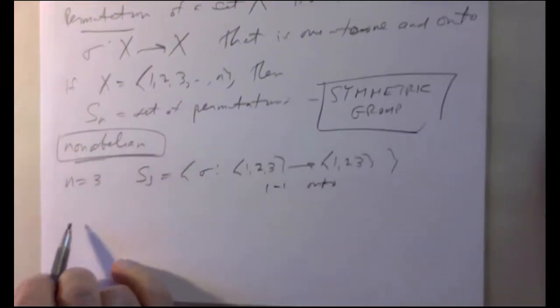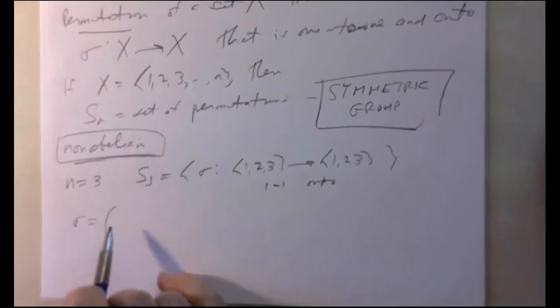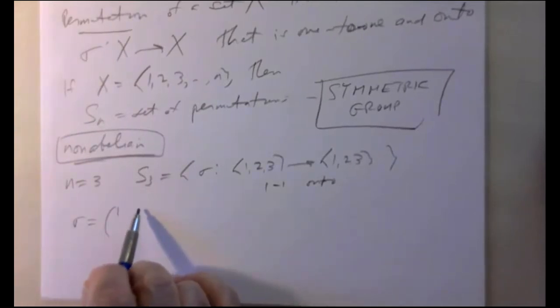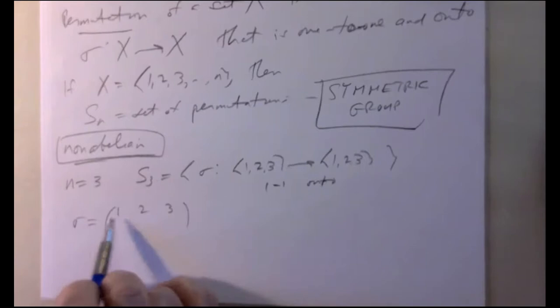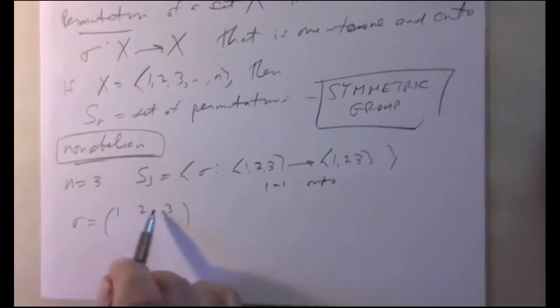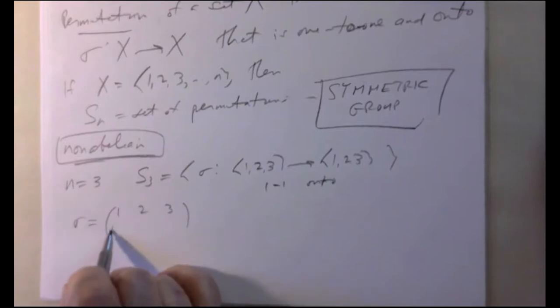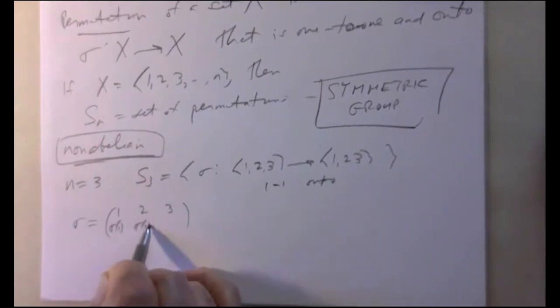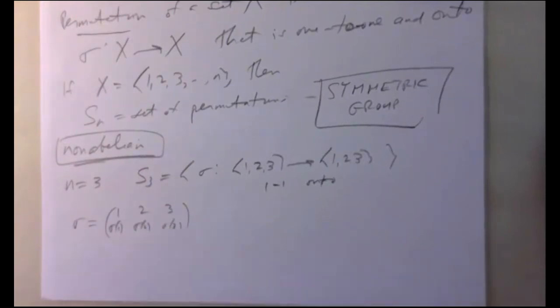And a standard way to write a permutation is as a 2-row matrix. I put 1, 2, 3 in the first row, and wherever 1, 2, 3 goes under sigma, sigma of 1, sigma of 2, sigma of 3. That's the standard way to write a permutation.